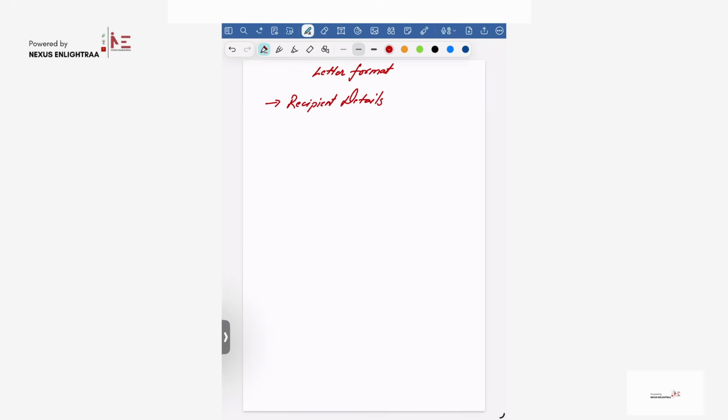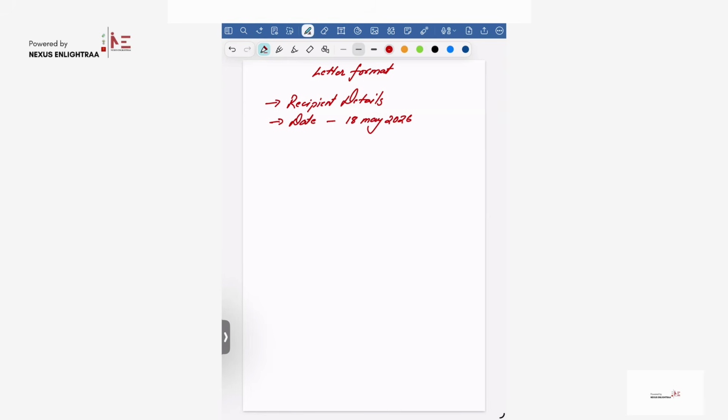The second thing that you put on the layout is the date. You write the date below the recipient details. We write it in full, right? Something like, if today is, let's say, 18th of May, it has to be 18th May 2026.